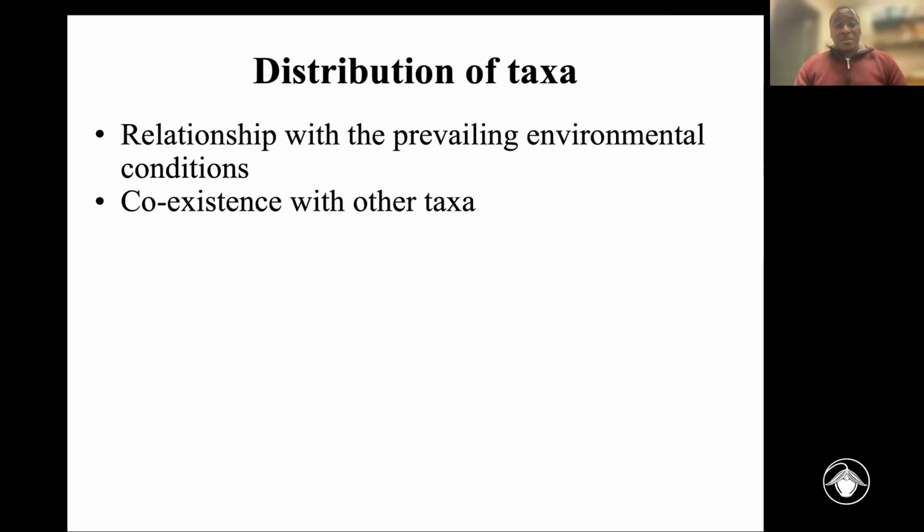And oftentimes, of course, plants don't exist on their own. There are other taxa there, plant or non-plant taxa, and they coexist together. And so we can use the occurrence data to also explain something about their coexistence or their ecological relationships with other plants and animals in that area. We can also say something about their dispersal capacity.